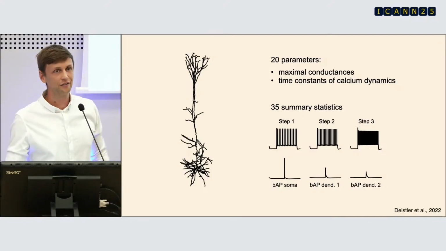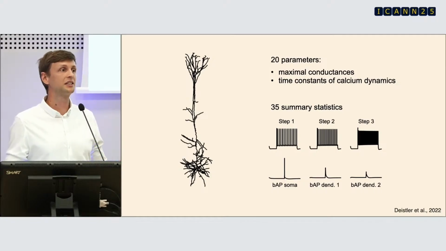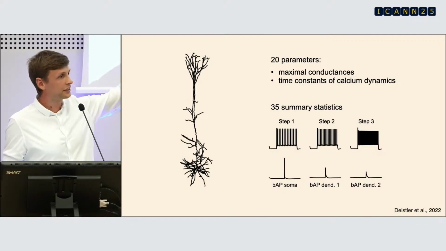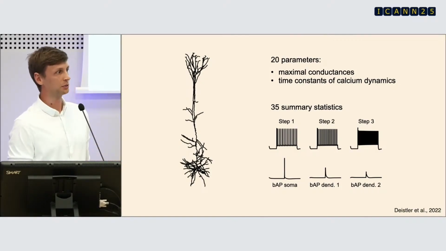This is a cell from mouse cortex, a so-called layer 5 pyramidal cell. And we aim to use neural posterior estimation to infer 23 parameters of the cell, for example, the densities of different ion channels, such that the model reproduces features of voltage traces, which are responses of this neuron to different input stimuli.